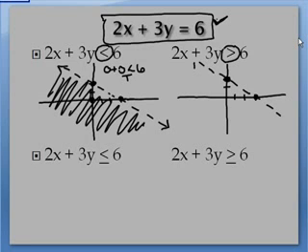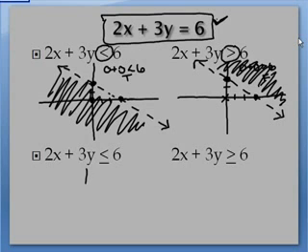This time, let's pick 0, 0, and plug it in. We get 0 plus 0 is greater than 6. And 0 is not greater than 6, so that's a false statement. That means we do not shade on the side where that point was. The 0, 0 was on the other side, so I'm going to shade this side. That makes sense. The left one is less than, so the other one, greater than, is going to be above.